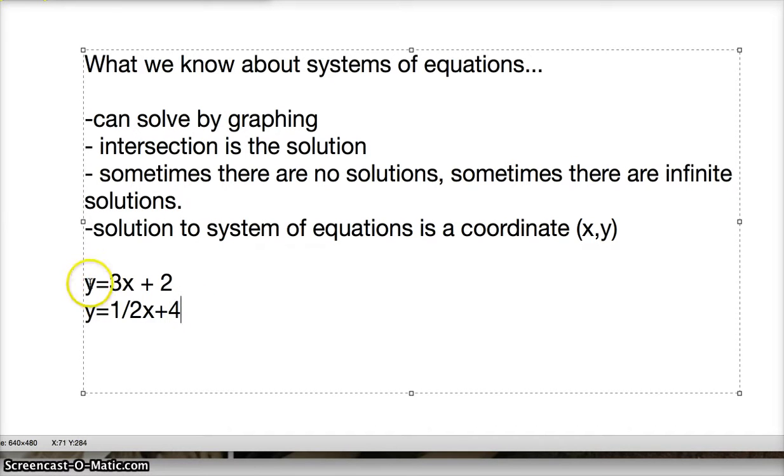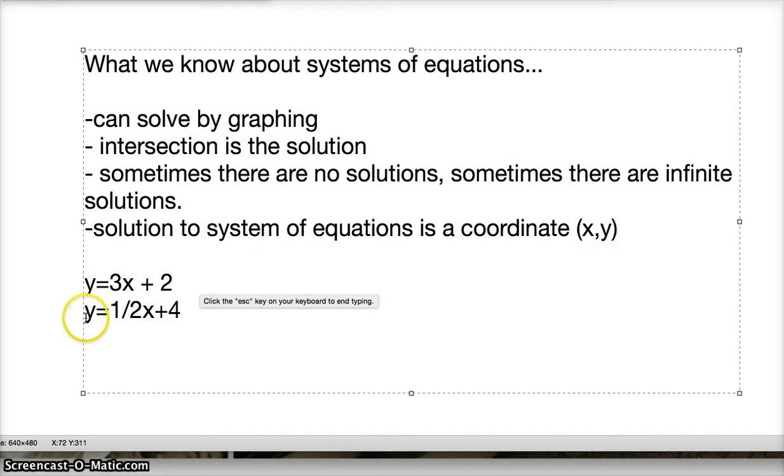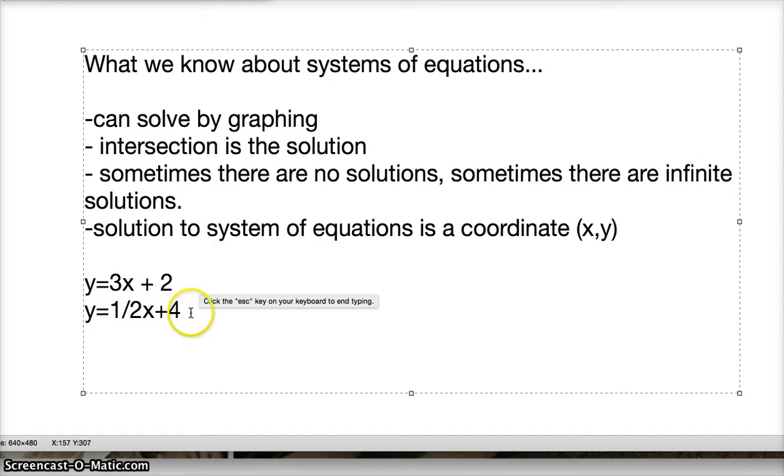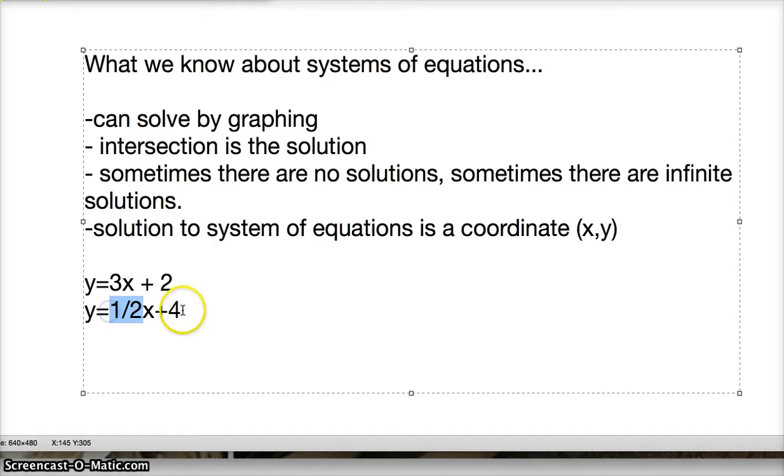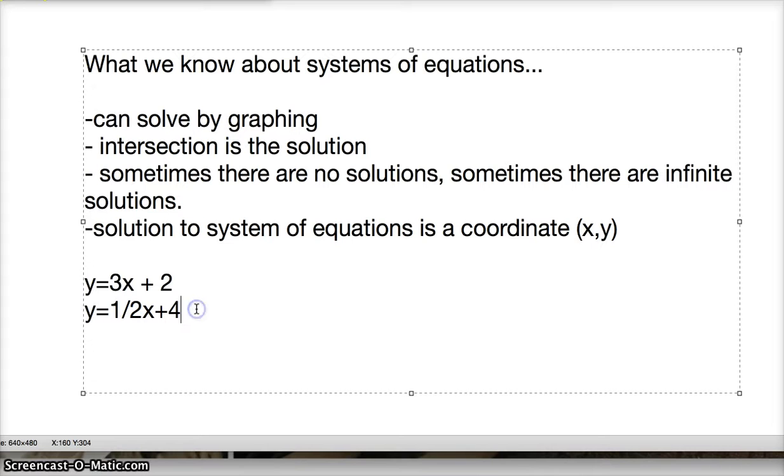So if I have y equals 3x plus 2 and y equals 1/2 x plus 4, remember this is 1/2, I just can't write it on my computer. If you have these two equations, we could probably graph them and find the solution by finding where the two lines intersect or finding out if they do intersect. You can also use that graphing calculator that we worked with on Friday, and that would also help you determine the solution.